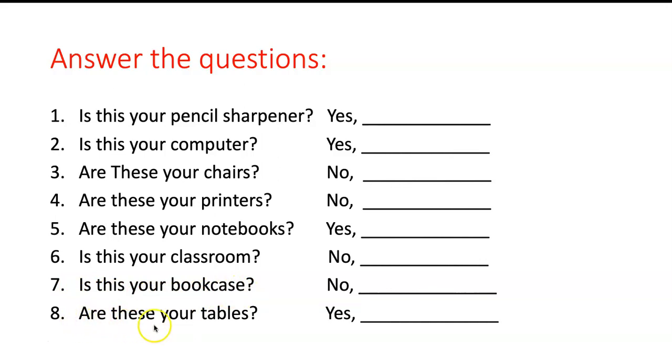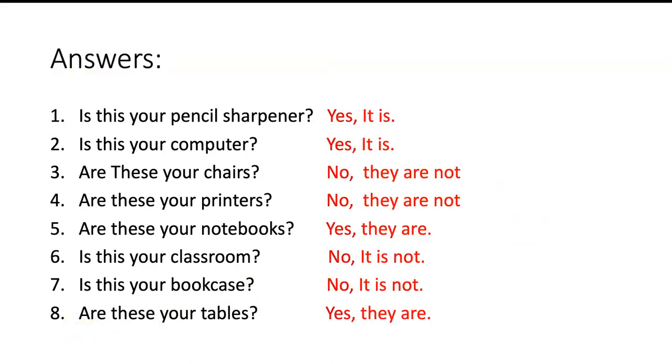Number 8, are these your tables? Okay, so now you are going to stop the video and you are going to answer these questions, okay? Stop the video. Okay, so now that you work in this, we are going to continue, okay? Let me see if it is working. Yes, okay. Okay, so now we are going to review.